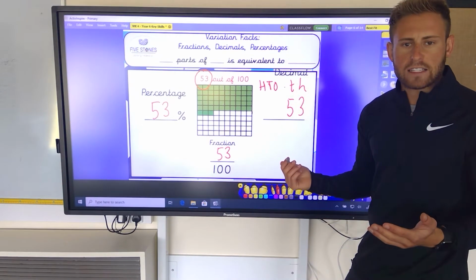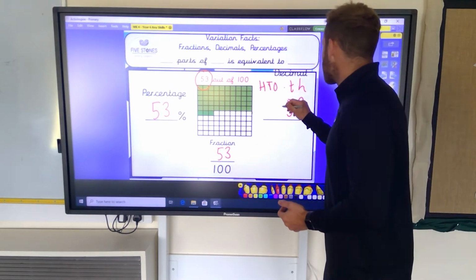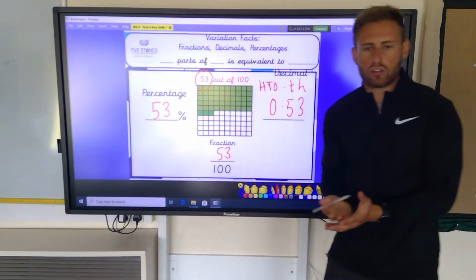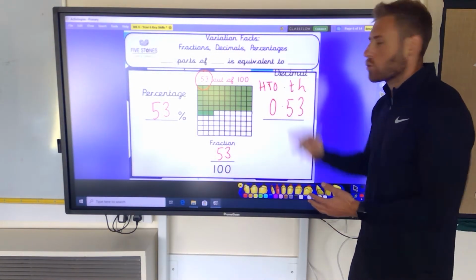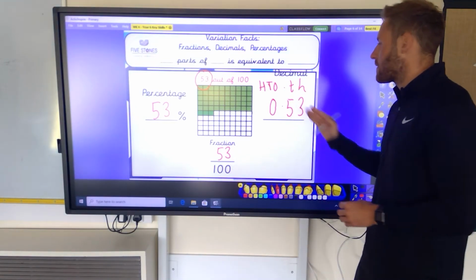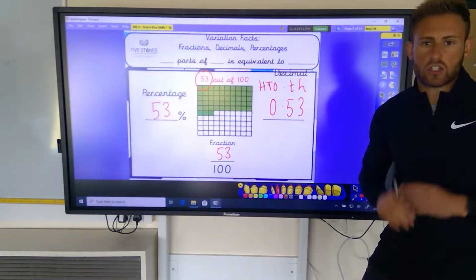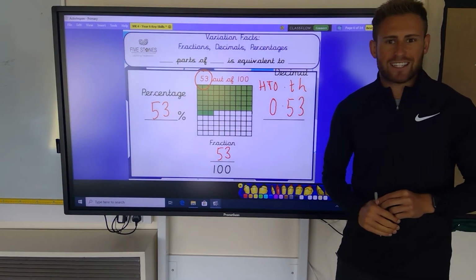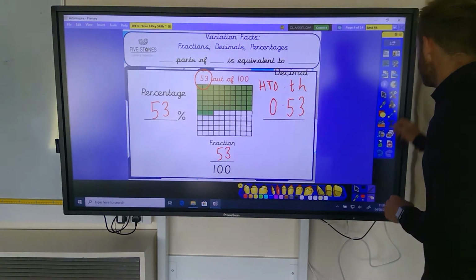Can we just write that as our number? No. We need our place value holder there. We've got no wholes, there's no completed grids anywhere. So we've got 0 ones, 5 tenths, and 3 hundredths, 0.53. So fantastic if you managed to get that calculation there.